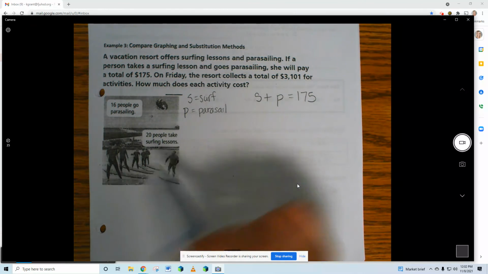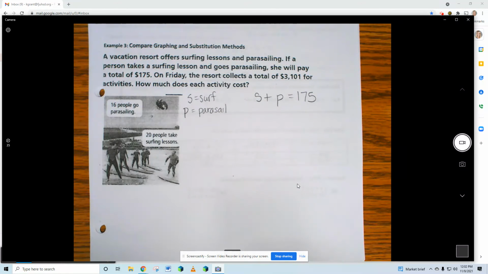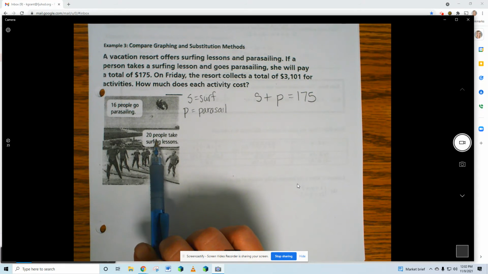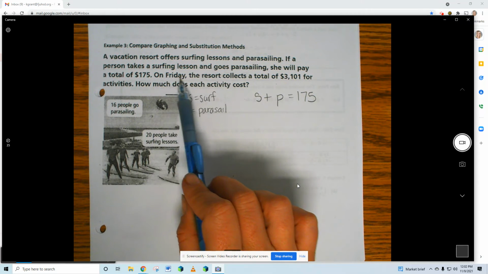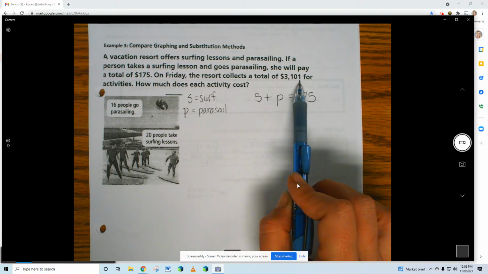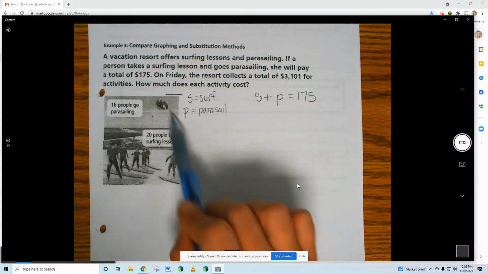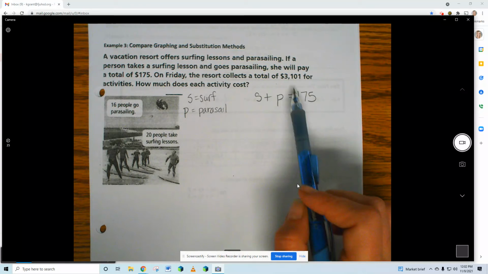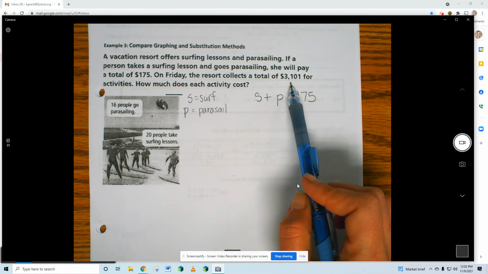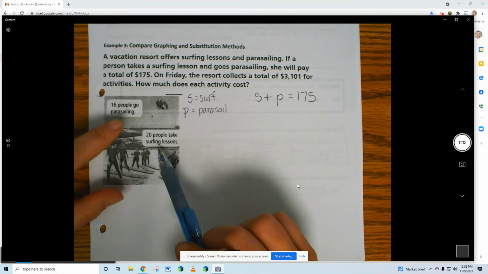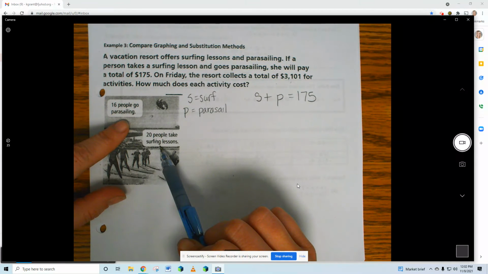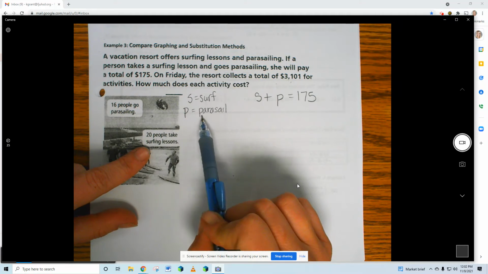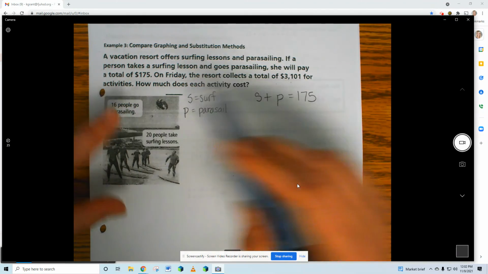Now this picture is there for a reason. 16 people go parasailing. 20 people take surf lessons. On Friday, the resort collects a total of $3,101. Because a lot of people have to do activities for them to make $3,000, this information goes with the word problem. 20 people surf, 16 parasail.